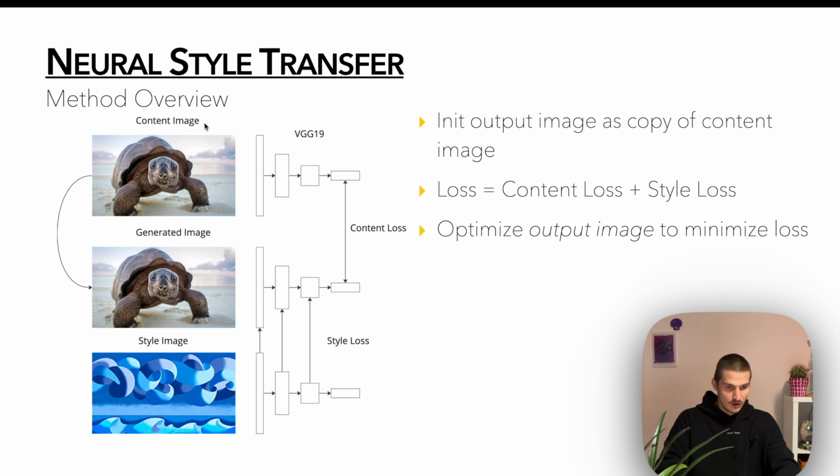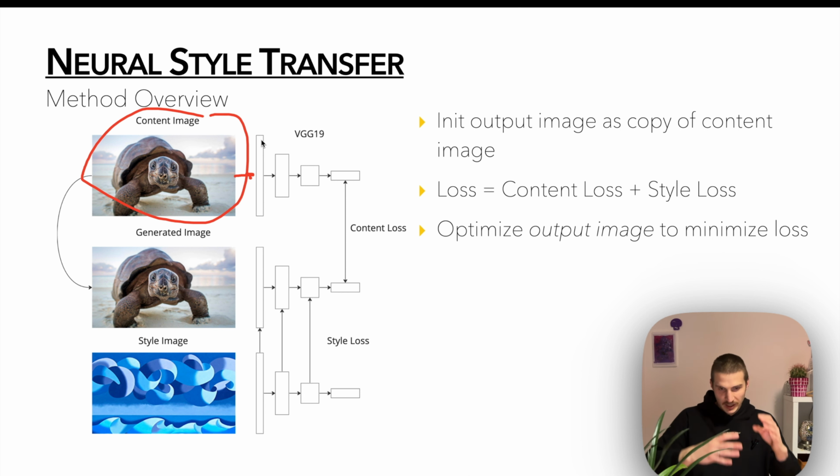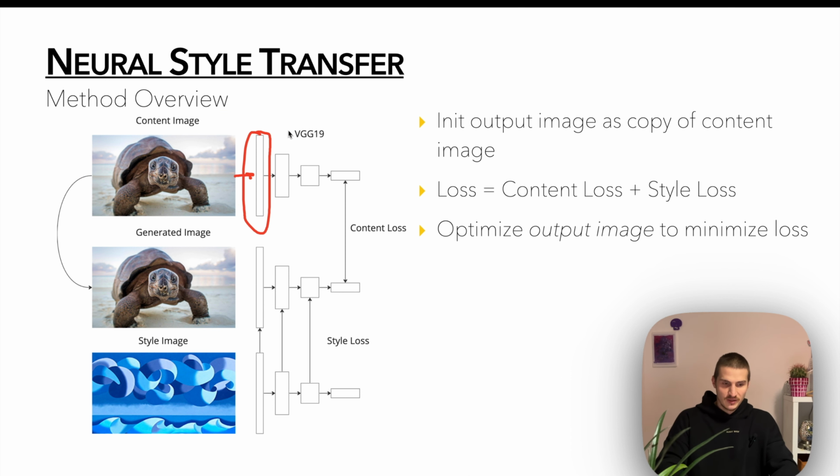So we have our content image, and we pass it through our backbone, in this case, VGG19. It basically consists of a bunch of convolutions followed by a max pooling operation with stride. So we start with a high resolution image with just 3 color channels, red, green, and blue. Then after a few convolutions and the max pooling operation, it gets downsampled to smaller resolution, but more channels.